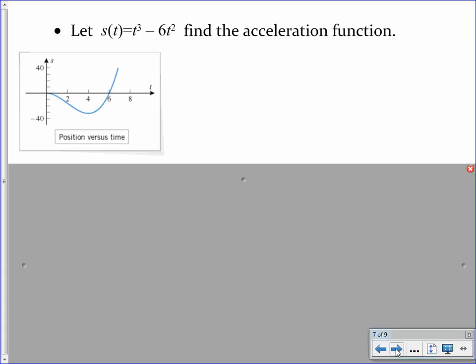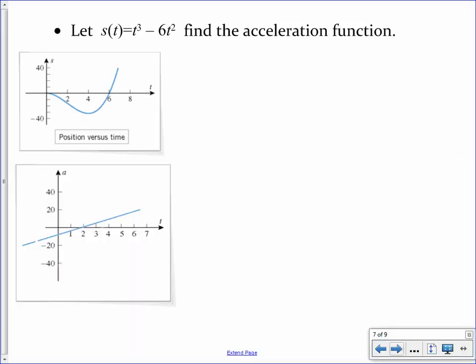If we look at the acceleration versus time graph, we see that from 0 to 2 we have negative acceleration, and from 2 to 7 we have positive acceleration. But remember, that doesn't necessarily mean that we're speeding up and slowing down.